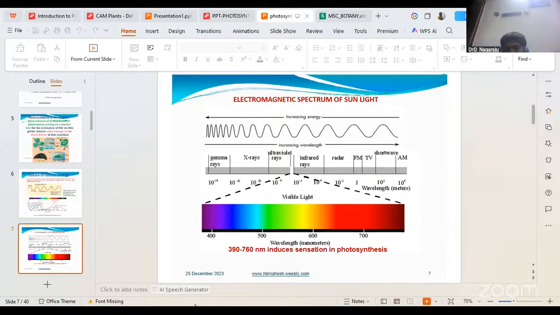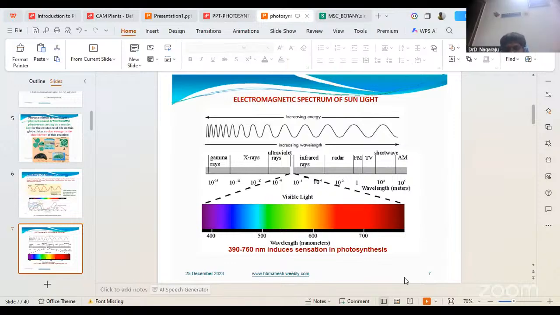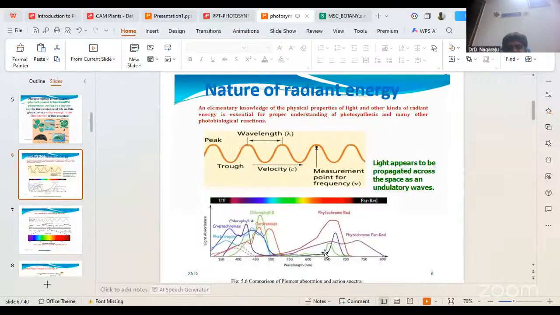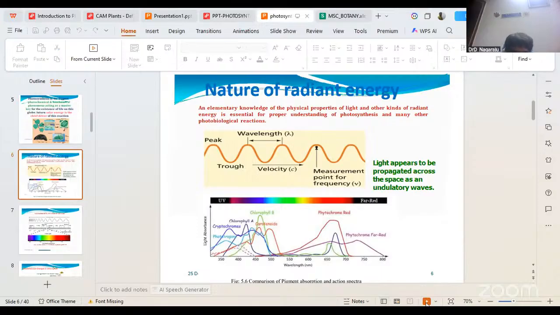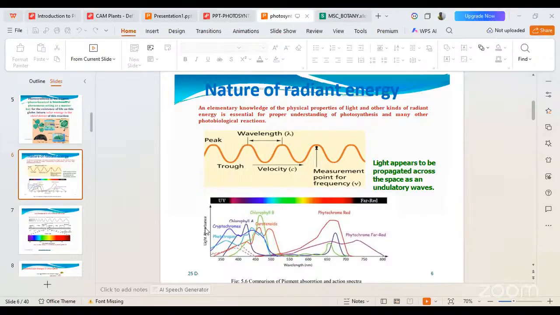Of the light spectrum, which light are the chlorophyll pigments absorbing? Chlorophyll A, B and carotenoids absorb between 390 to 760.